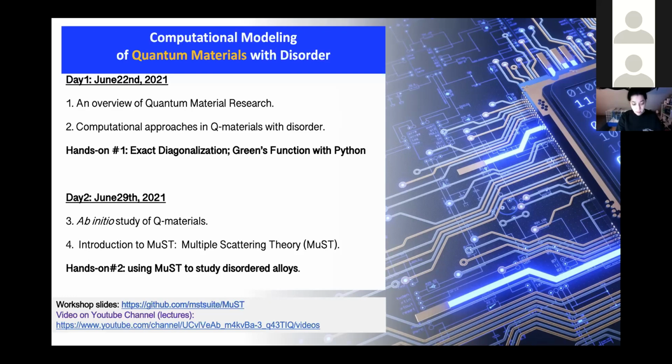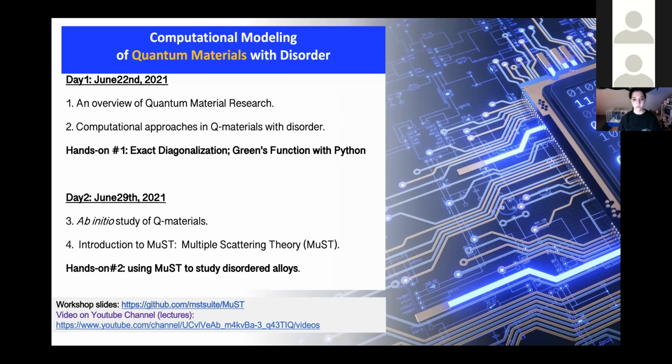Next week, we will have day two, run by Dr. Jan Wan and Dr. Marcus Eisenberg from Oak Ridge National Lab and Carnegie Mellon University. We will focus on ab initio, or first principles, studies of quantum materials. They will give us an introduction to the different ab initio methods used to study quantum materials, in particular multiple scattering theory and the numerical framework MuST that we are all involved in developing.